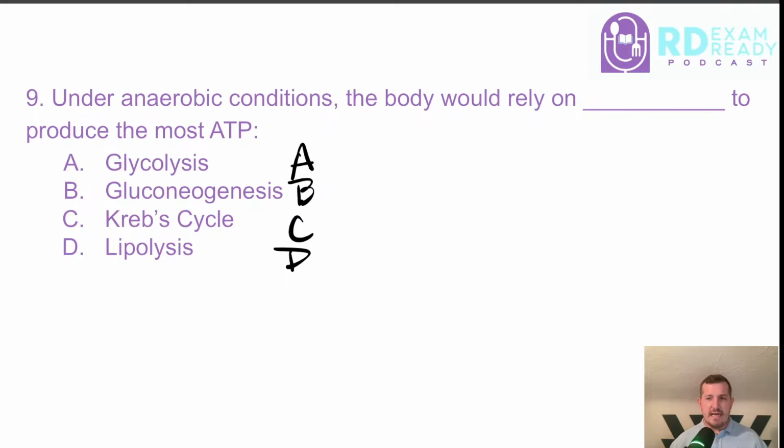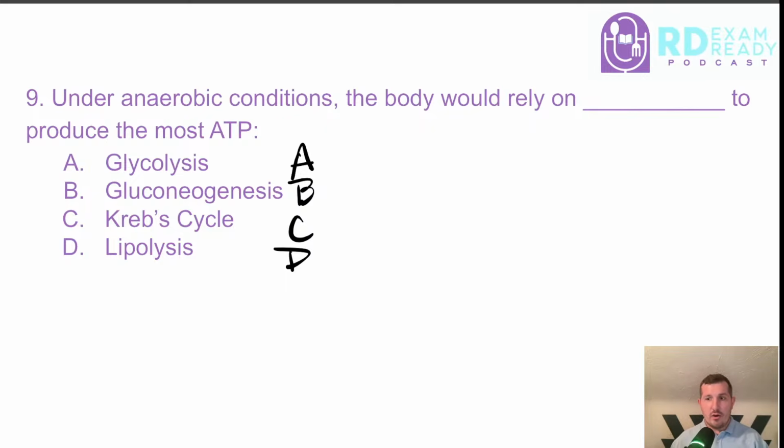I know from my days studying exercise science that there's actually two different types of glycolysis. There's aerobic glycolysis, which is with oxygen, and there is anaerobic glycolysis. Okay, so I'm going to hold on to A for right now and let's see about these other answers.